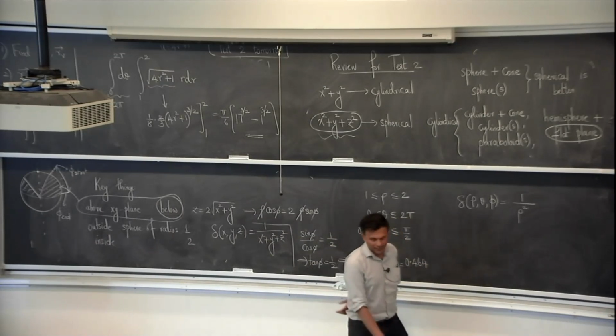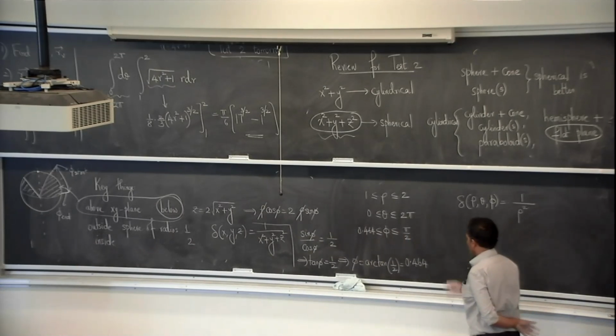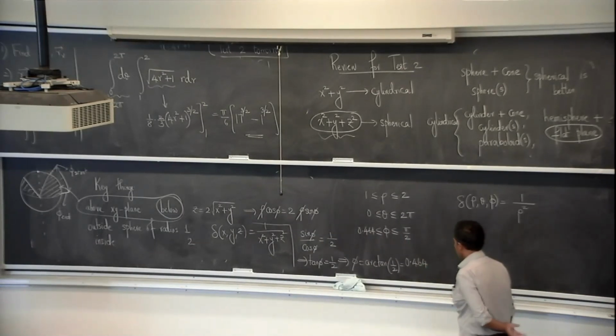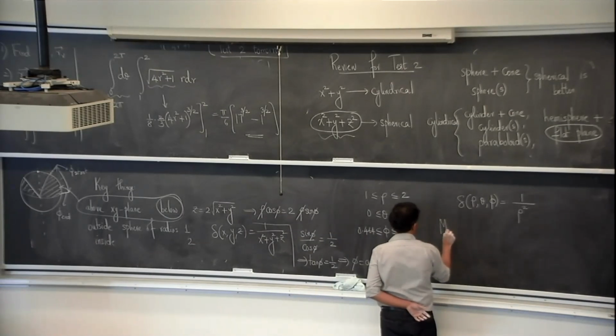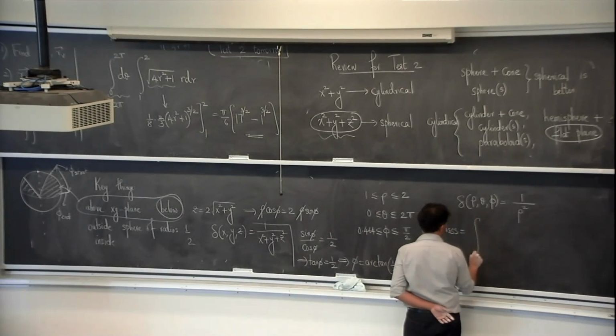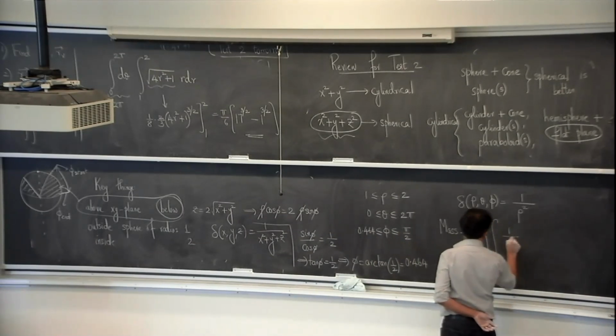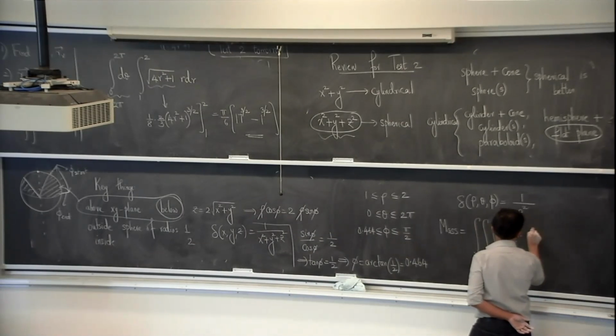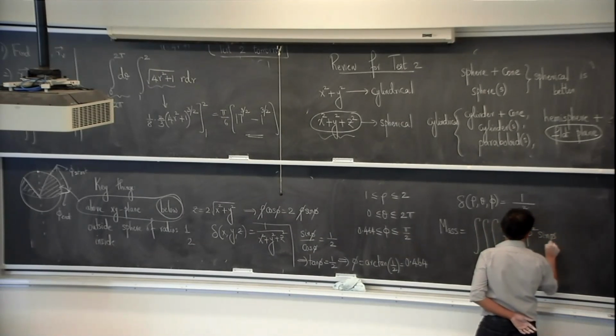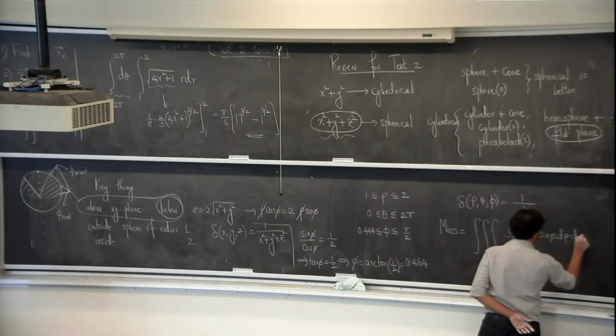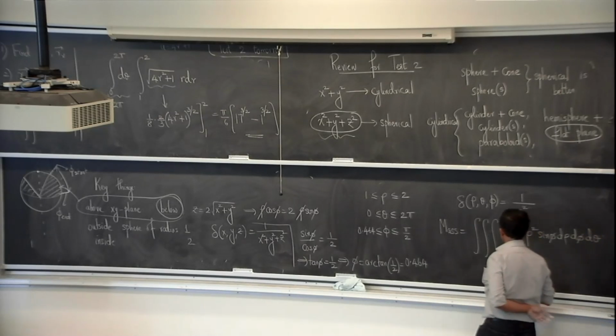That's the only creature you have to deal with here. Everything else is pretty straightforward. So you deal with any of those not so famous cones like this. The mass would be the triple integral of the density, which is 1 over rho square times rho square sine phi d rho d phi d theta.